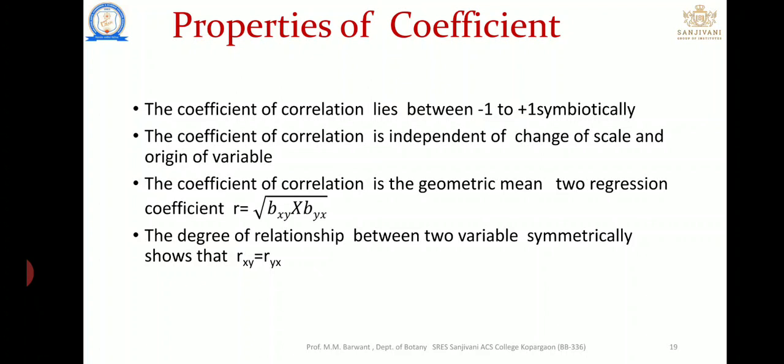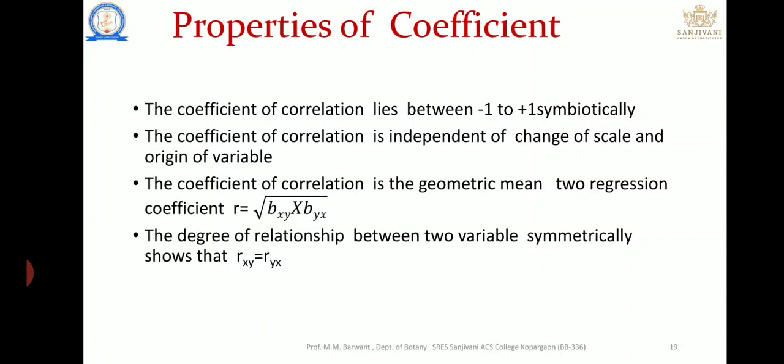The coefficient of correlation is the geometric mean of the two regression coefficients, that is r is equal to the square root of bxy into byx.